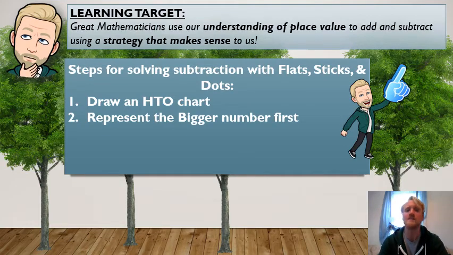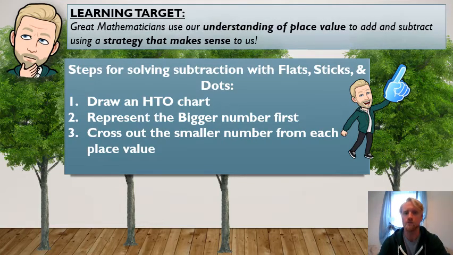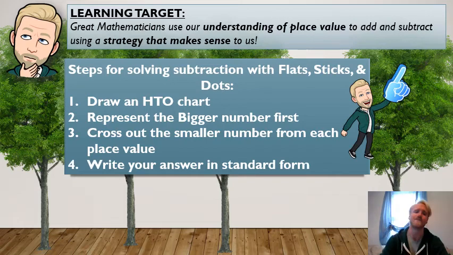Yeah, represent the bigger number first when we're taking away. And then the third step was to cross out the smaller number from each place value. Be careful in case you have to regroup that you're starting with the ones place and then regrouping from there. And then lastly, write your answer in standard form. Take what you got in each place value and rewrite it.